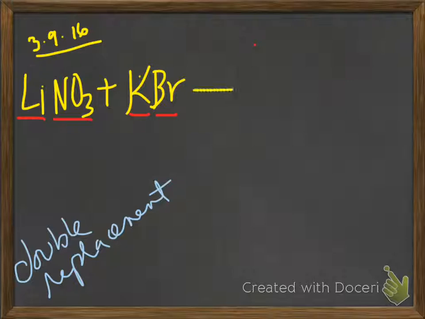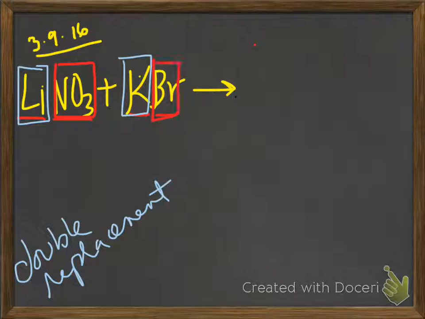So now what we want to know is what our products could be. And because these are ionic compounds, we can break them down and look at the positive ion in each pair and the negative ion in each pair.